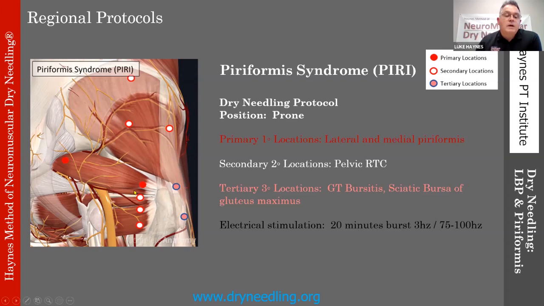You can get a great response laterally. But the second level with piriformis is I would drop down and catch the muscles of the deeper rotators. And then finally, tertiary, the greater trochanteric bursitis and the sciatic bursa of Gluteus Maximus. So some good needling approaches there for piriformis.